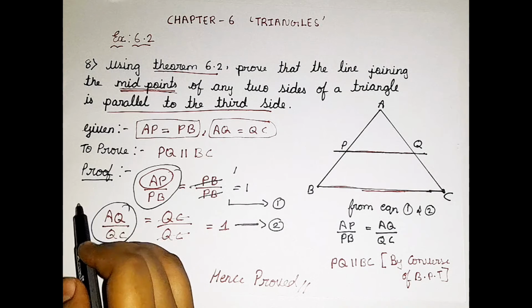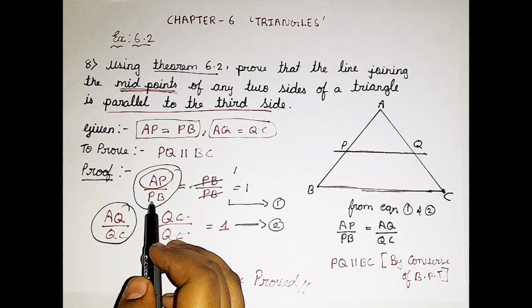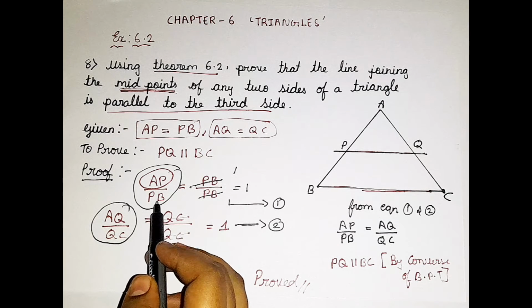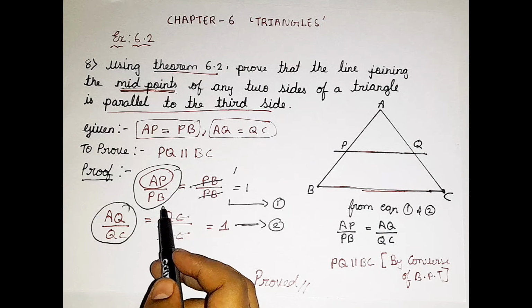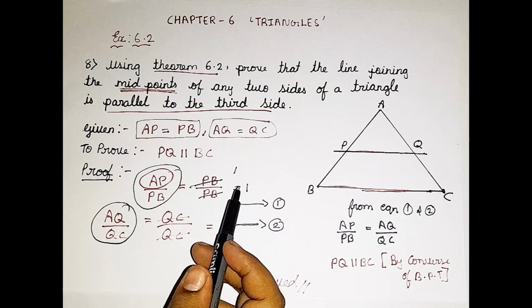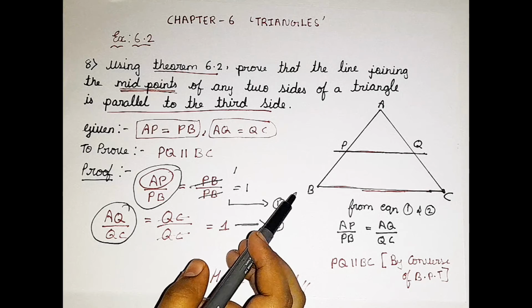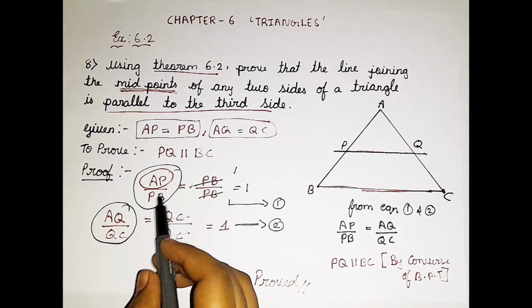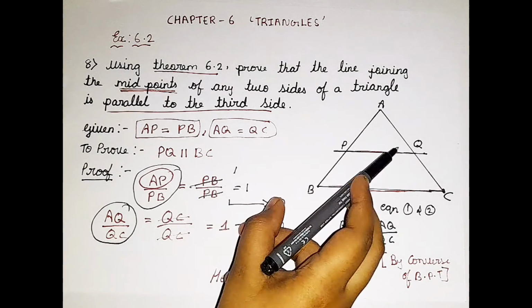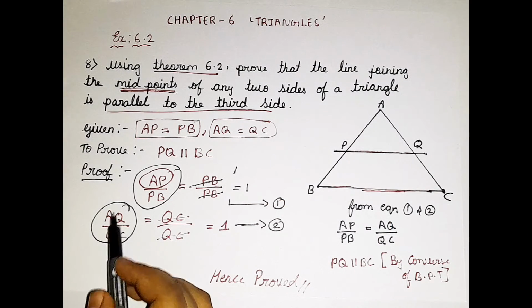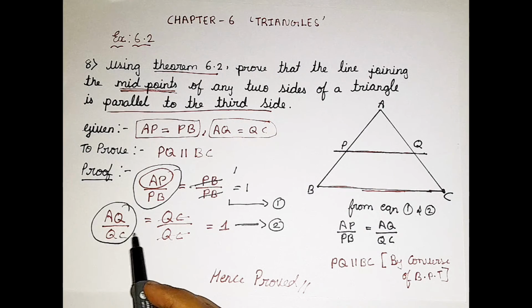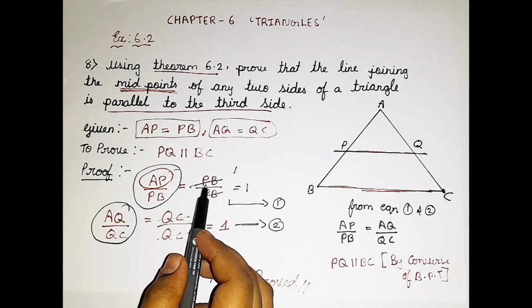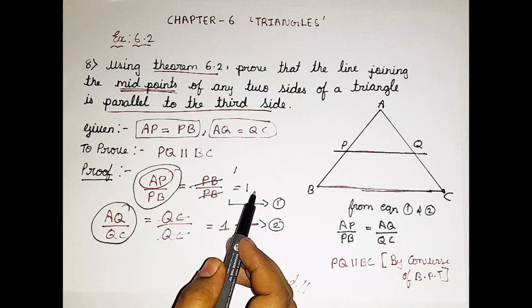And then for the proof, we are not supposed to use BPT, that is, basic proportionality theorem. So instead I separated it. I wrote AP by PB separately, and AQ by QC in the next step. Then I substituted the value, that is, instead of AP I wrote PB, and cancelled it, I got 1.